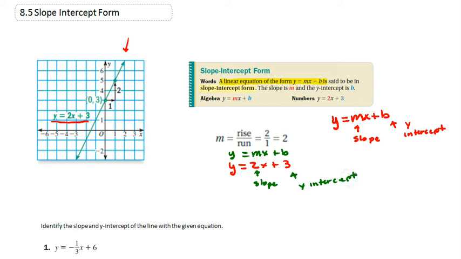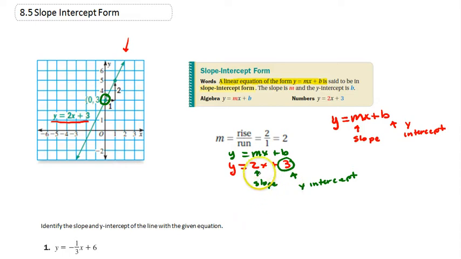Now let's explore a little bit about why this is so. If we look at our picture over here, our y-intercept is where our line crosses the y-axis. That's at 3, and you'll notice 3 is our y-intercept here in our equation.